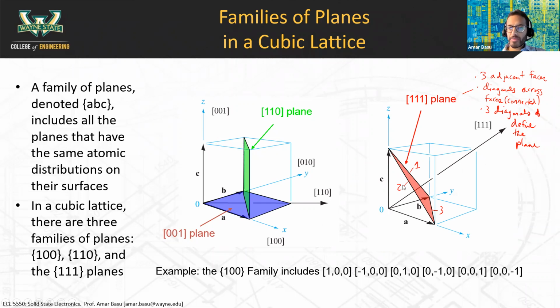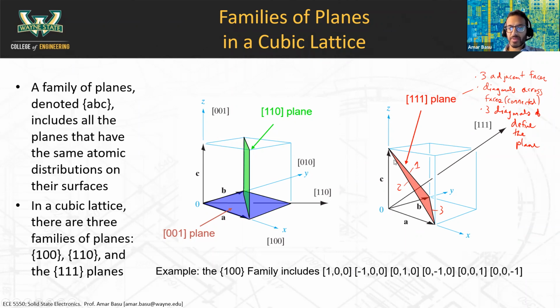The 111 family of planes is constructed by drawing diagonals across three adjacent faces. Let's say we start off with three adjacent faces, start with the bottom one. The side face is next to that. This side face is next to that.